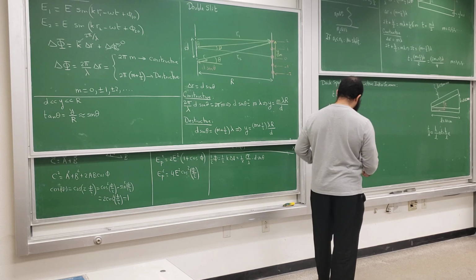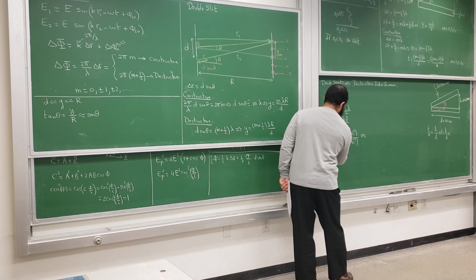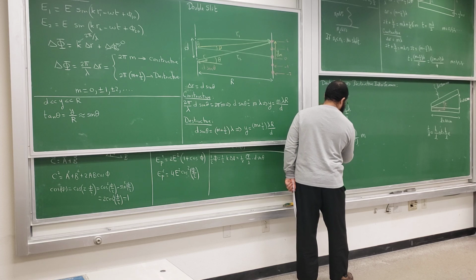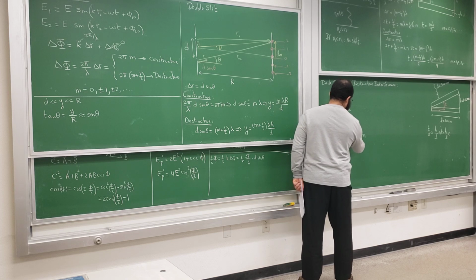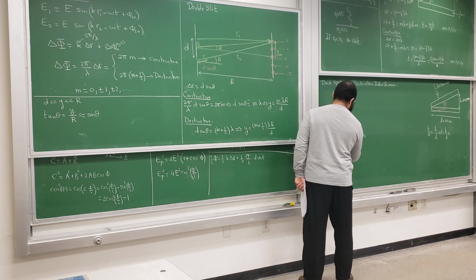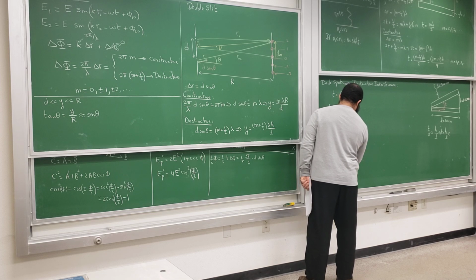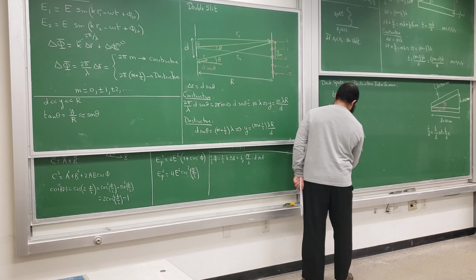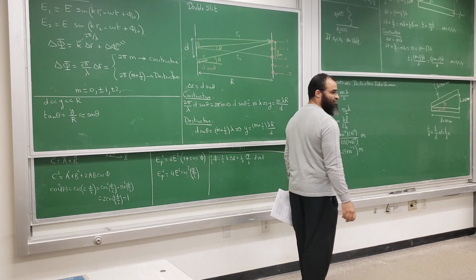So do all that, and you will get, actually 5/4 is 1.25, right? 10 to the minus 8 over 10 to the minus 5, so times 10 to the minus 3 times m. This is x. That's it.